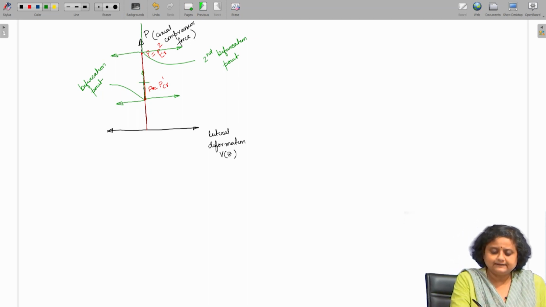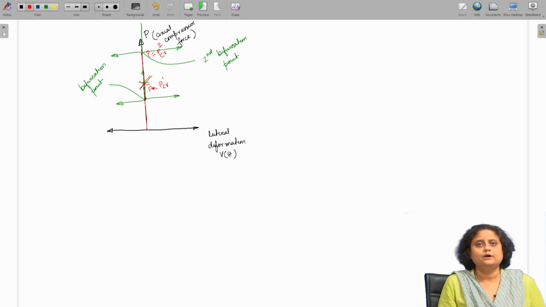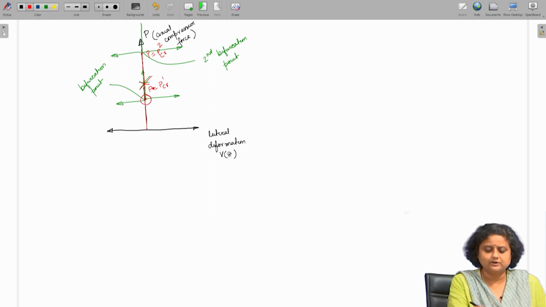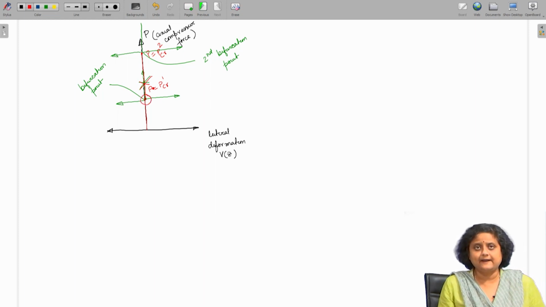But this scenario rarely happens, and there is a lot of uncertainty at this bifurcation point. We really cannot say beforehand that it is not going to deform at the bifurcation point.